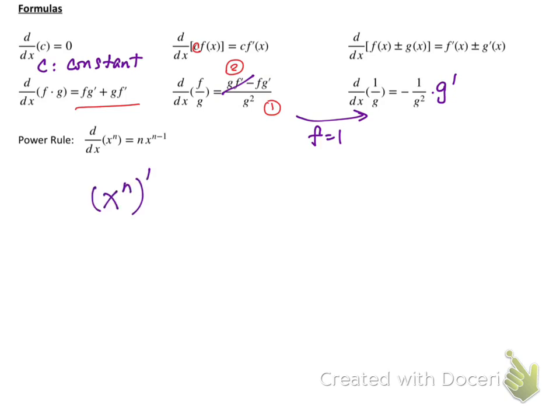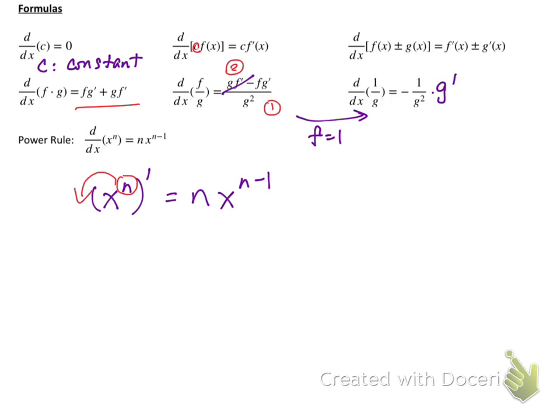Well, you will see me switching between the prime notation and the d/dx notation a lot. When you are using the d/dx notation, you're emphasizing what the independent variable is, what you are differentiating with respect to. But when you use prime, it's much shorter, right? So when you take the derivative of x to the n, this is what you do. You pull the exponent to the front, and then you subtract 1 from the original exponent. That's how you get the power rule.